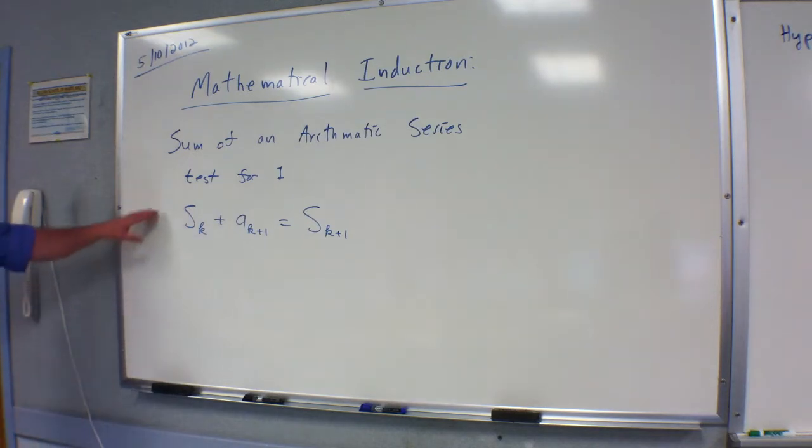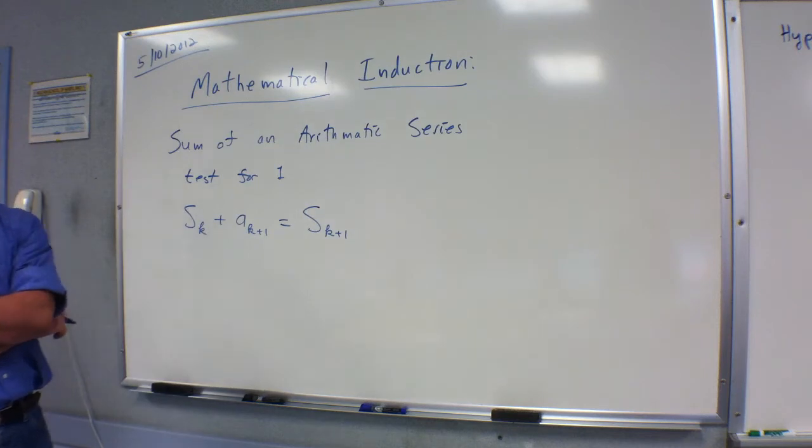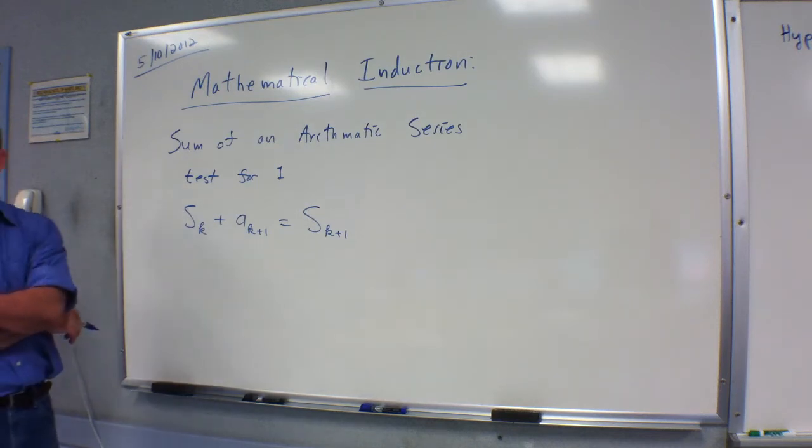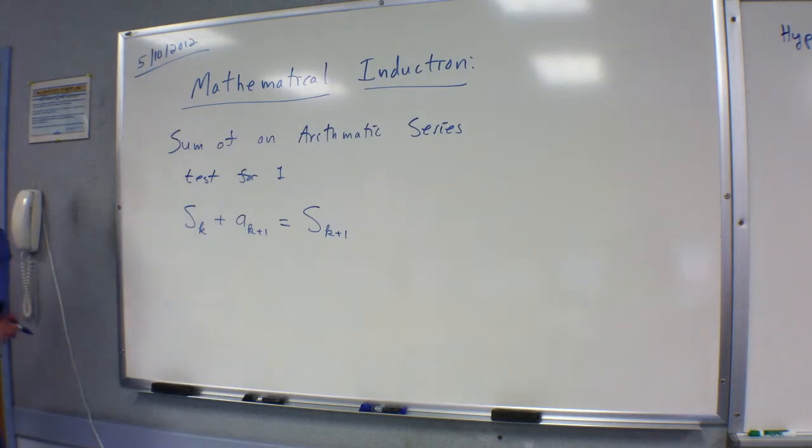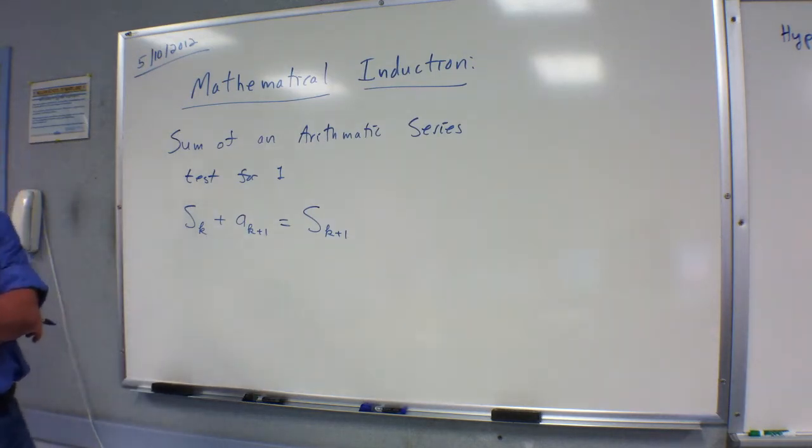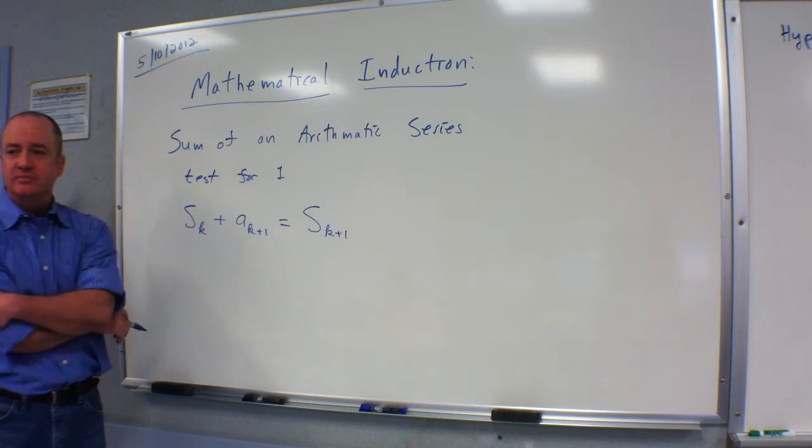You'll test it for 1, and then you can jump right to this algebraic statement. You have to plug in a different thing for each rule. If I have time, I'll go back and do another example of that, but there's a more difficult example of mathematical induction I want to go over first to make sure I at least touch on both types that we're going to talk about today.